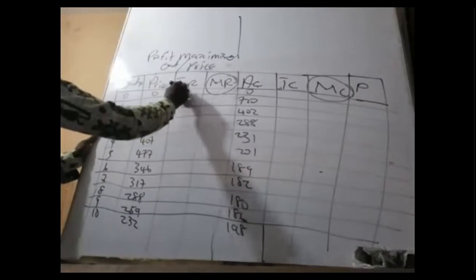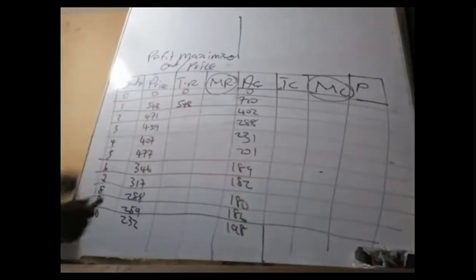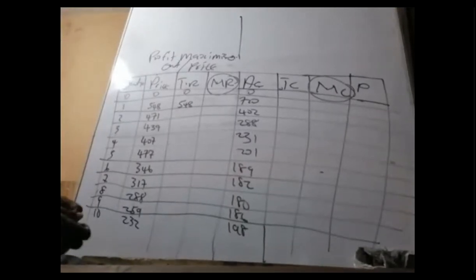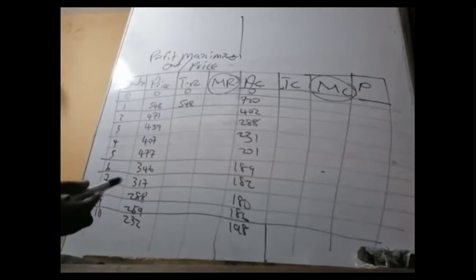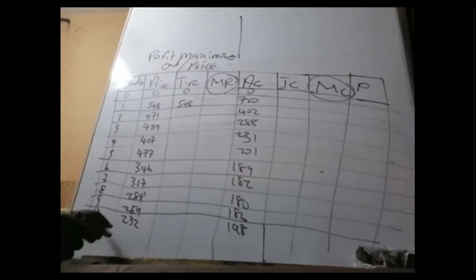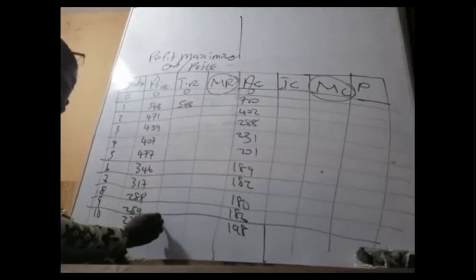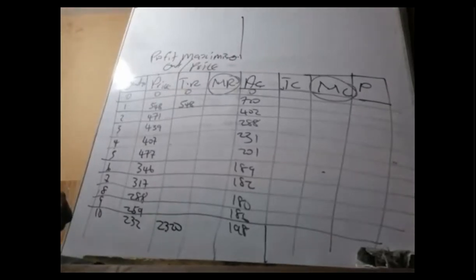Output times the price. So this times this, 548. This times this, in that order. Let's fill this column. So where you started from, you can make it 10. This will be 2320, right? Okay, 2, 4.